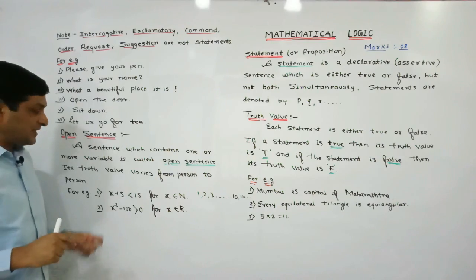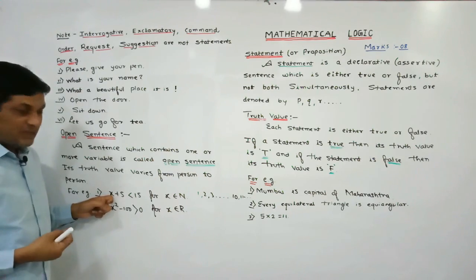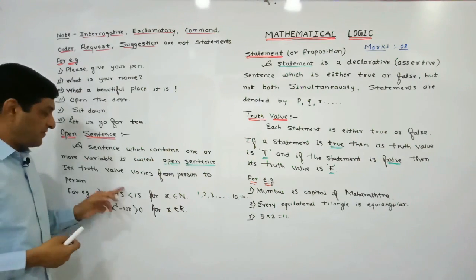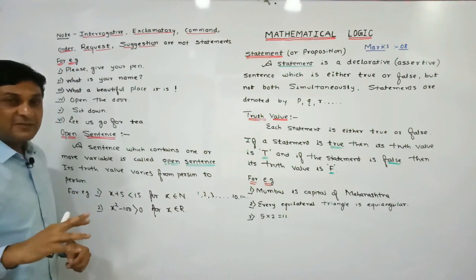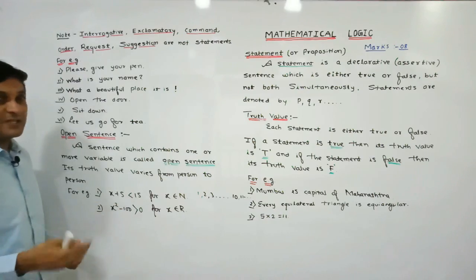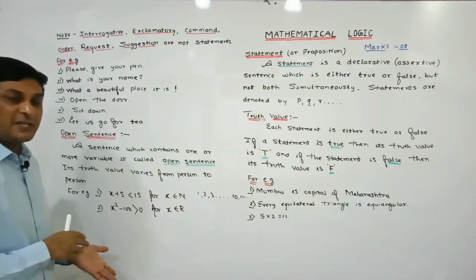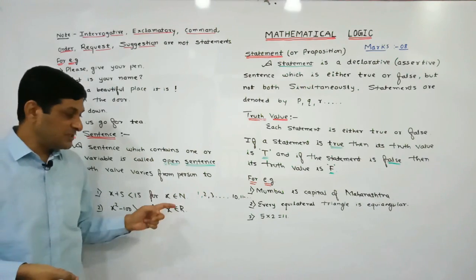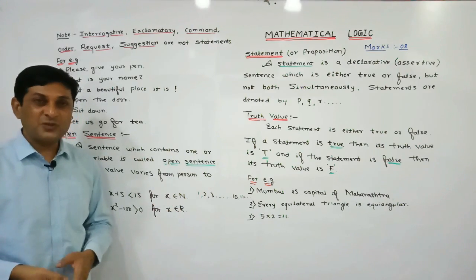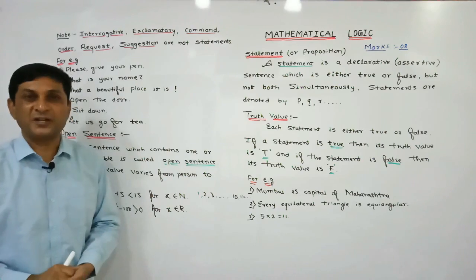But if I am considering x equal to say 20, 20 plus 5 will be 25. 25 is not less than 15, meaning in this case this sentence becomes what? False. Meaning sometimes this sentence becomes true, sometimes this sentence becomes false, because it is given to us that x belongs to natural numbers. The exact value of x is not given to us.